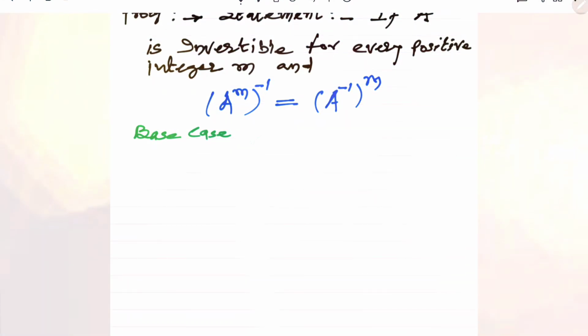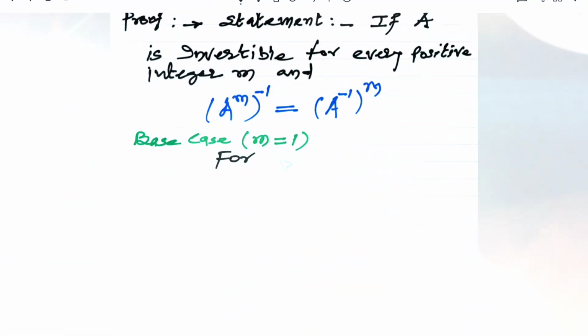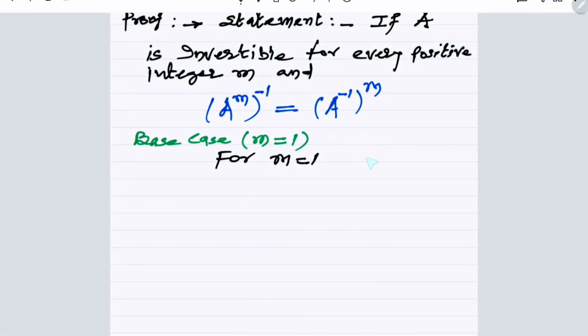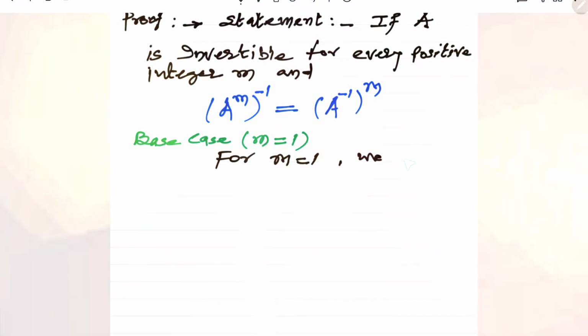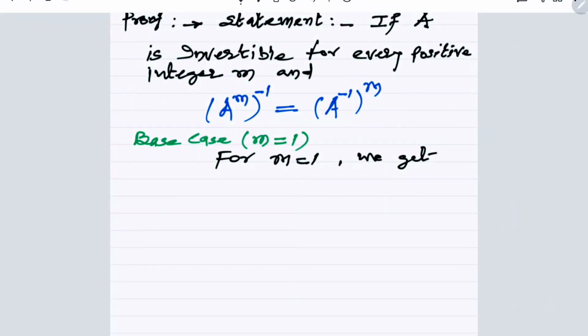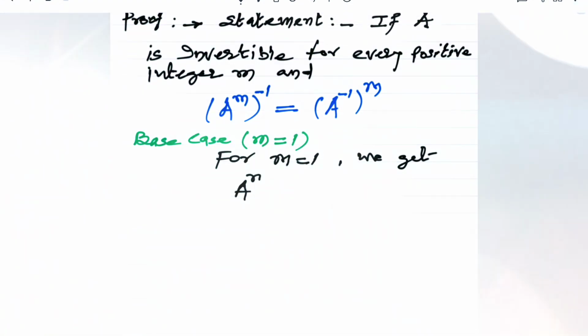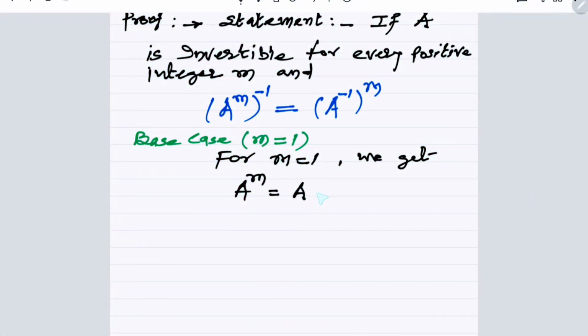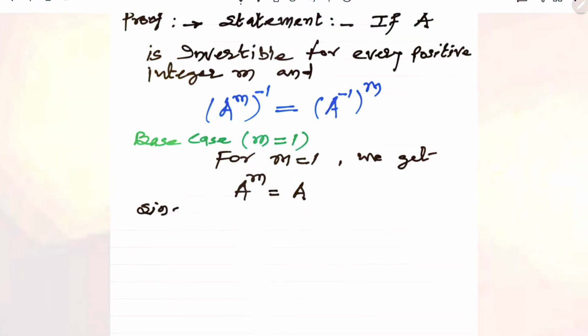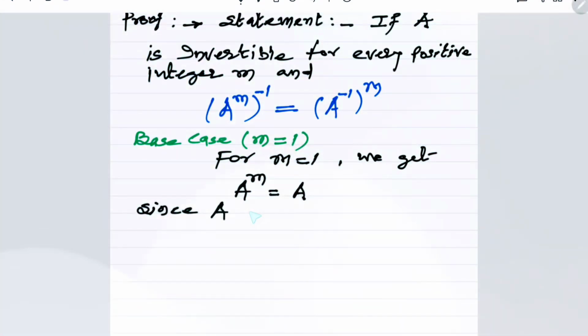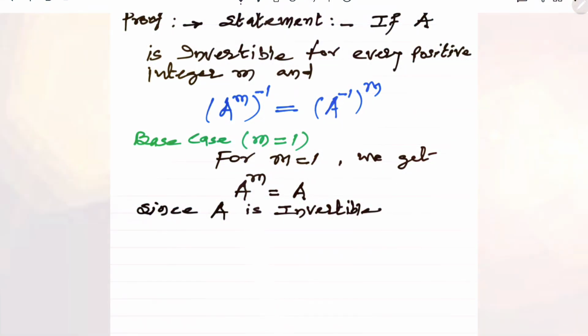To prove this, we consider the base case for m equals 1. For m equals 1, we get A raised to m, nothing but A raised to 1, which means A, and since A is an invertible matrix, its inverse exists.